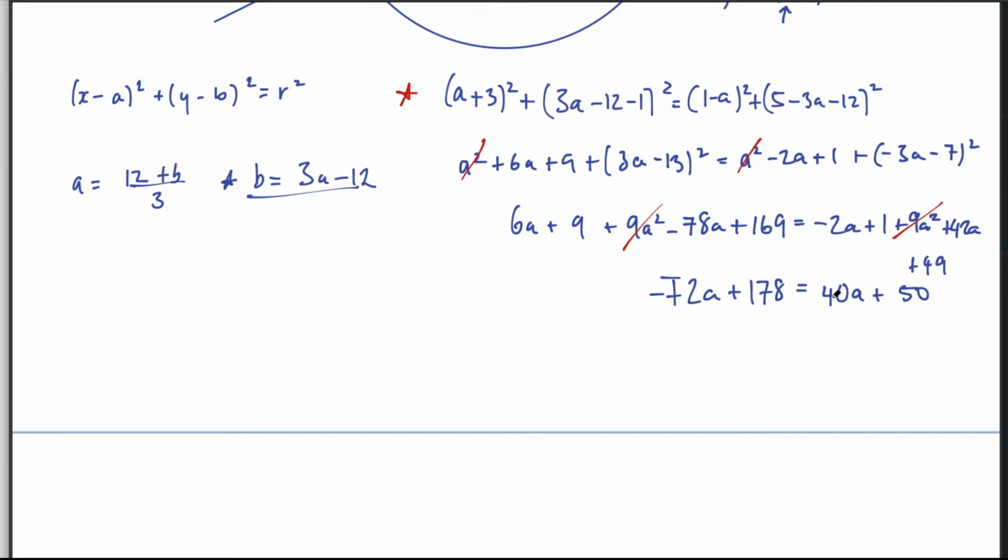Then this is 112a equals 128. I probably made a mistake in here somewhere. This is probably meant to be 124, I think. So A probably equals 2.